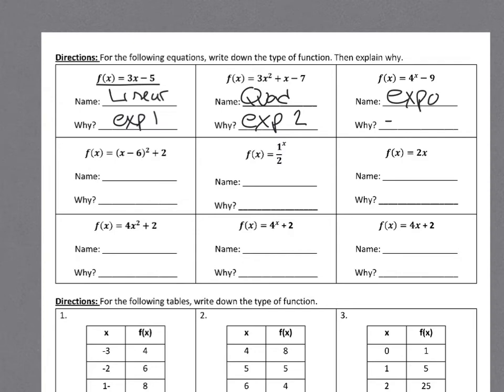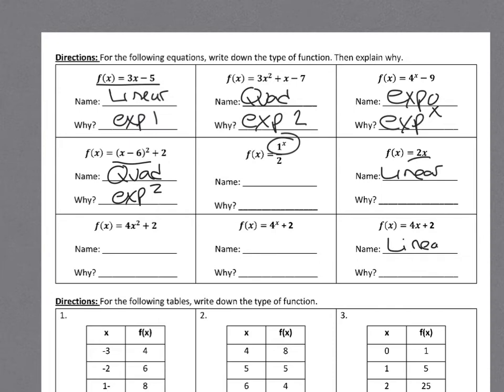We know at y because the exponent is x, or a variable. This one is quadratic. Exponent's 2. This one, exponential. This one, linear. Linear. Exponential. And quadratic.